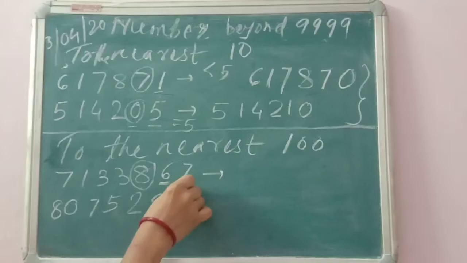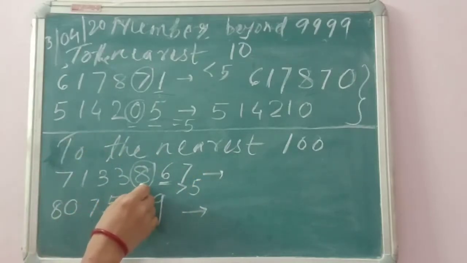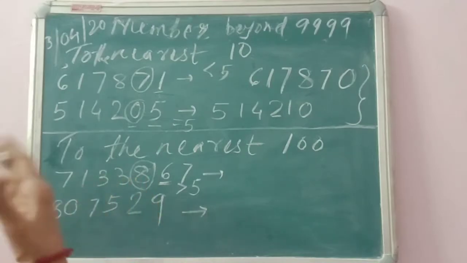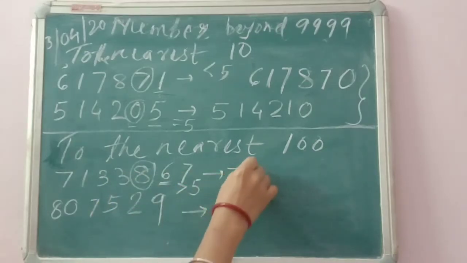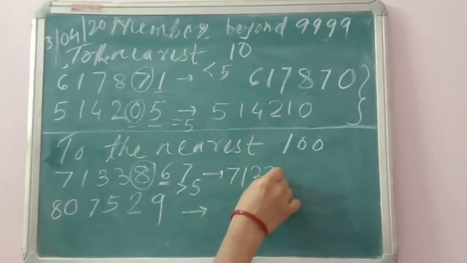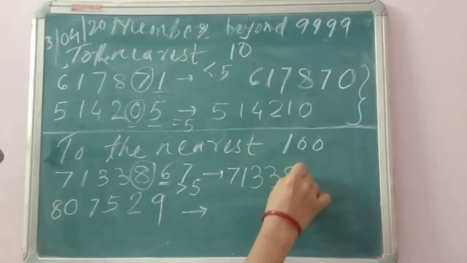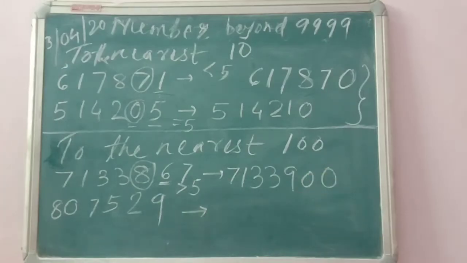Since this 6 is greater than 5, the digit at the hundreds place will increase to the next hundred, and both digits at the tens and ones place will be replaced by 00. So after rounding this number to the nearest hundred, I'll get 7133900.